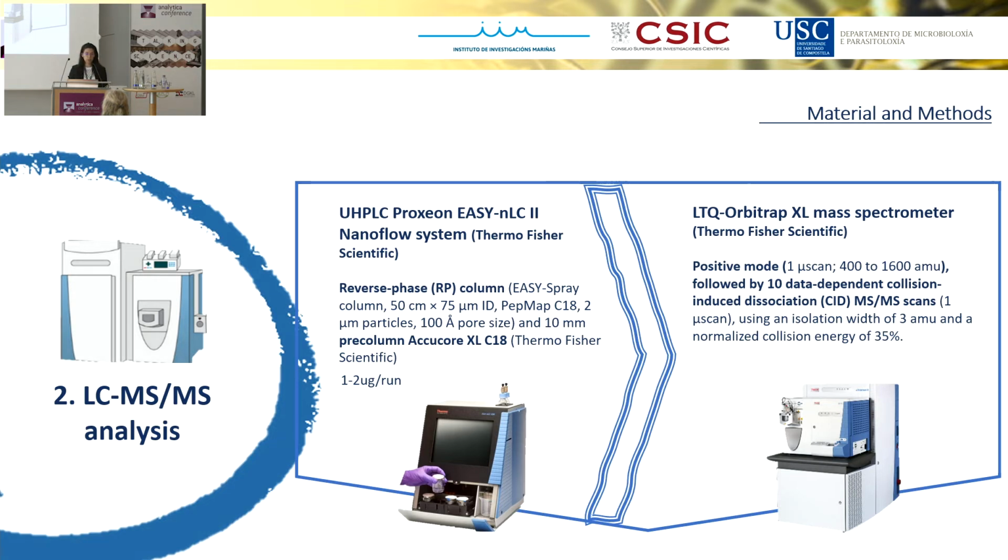And this UHPLC was coupled to an LTQ Orbitrap XL mass spectrometer from Thermo Fisher in positive mode, followed by 10 data-dependent collision-induced dissociation tandem mass scans using an isolation width of 3 m/z, and a normalized collision energy of 35%.